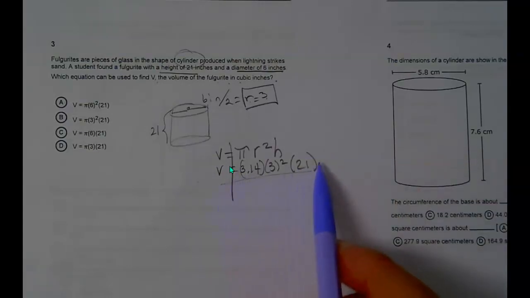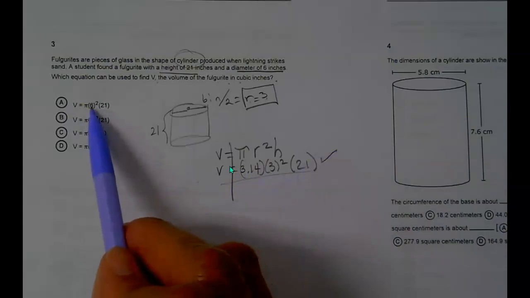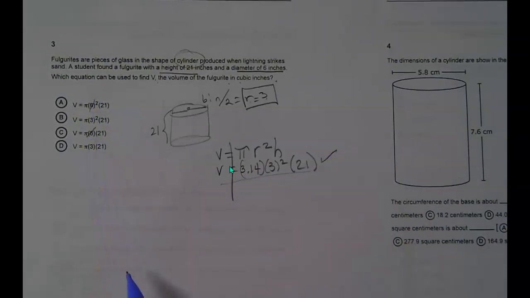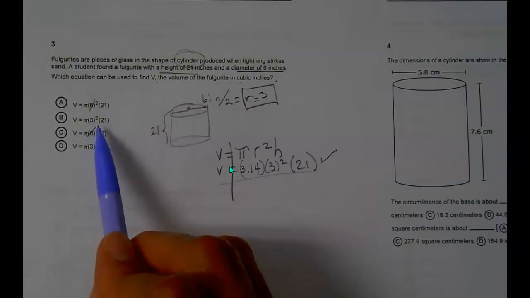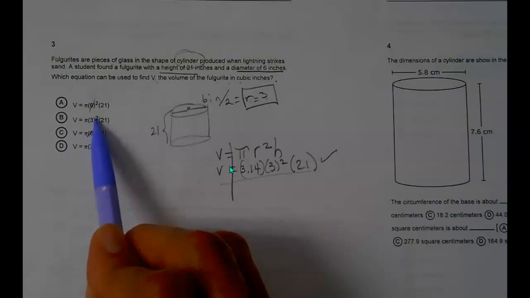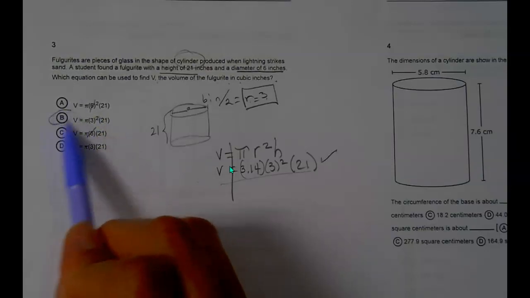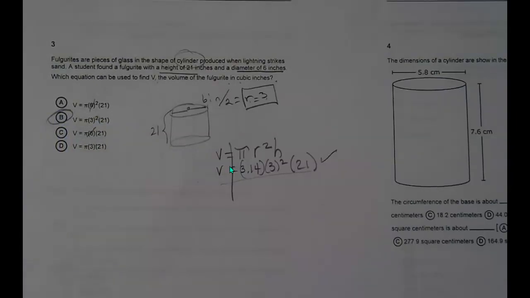This is the answer I'm looking for right here. This is diameter, so we know it's not those two. It's very obvious because we have this squared right here, and there's nothing here. So the best answer choice was B. That ends number 3.